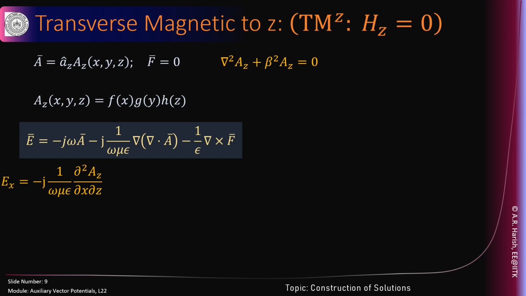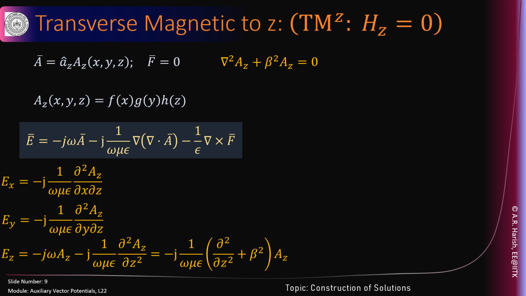So gradient of that is del by del x of del Az by del z, which gives me that result out here. A similar one will give me Ey, and Ez is a little longer because of the minus j omega Az contribution coming here. If you take out minus j upon omega mu epsilon common, what we have is a little second order equation, d2 by dz square plus beta square, Az as Ez.